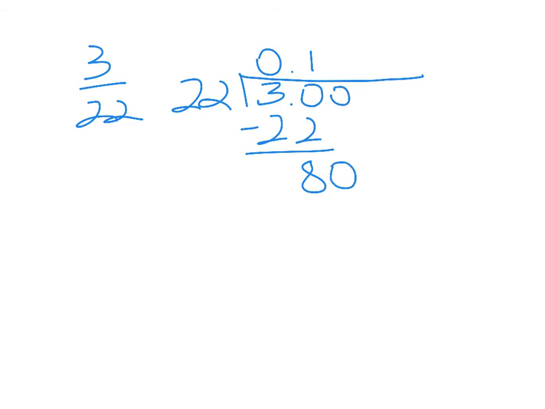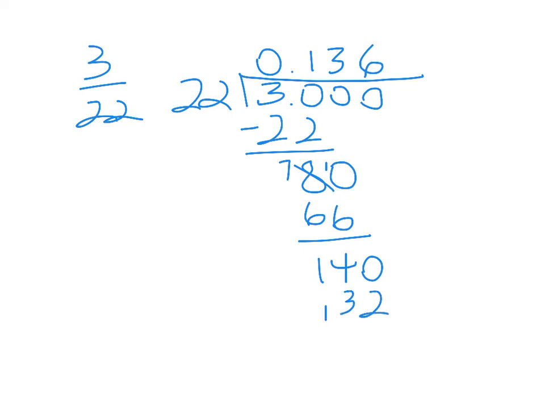Well, I know 22 times 4 would be 88, so it must be 3, which is 66. We're going to borrow from the 8, make that 7. It is 14, so bring down a 0. And 6. 6 times 2 is 12, carry the 1, 132. So 8.